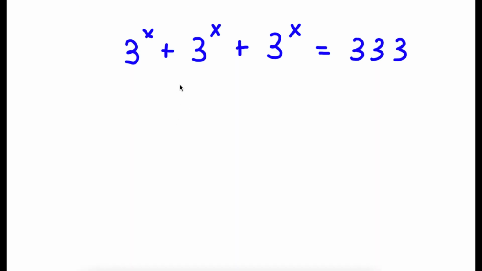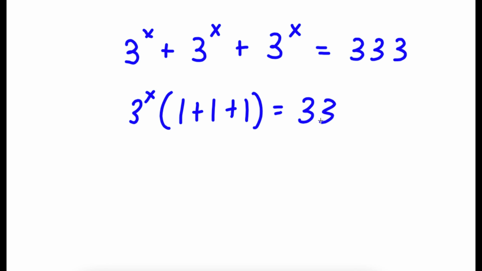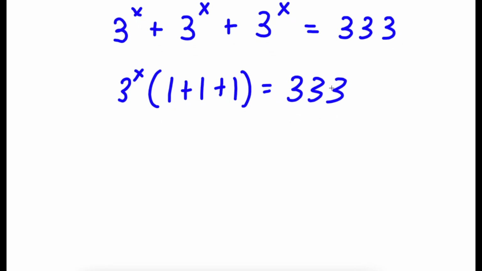Alright, so in this problem, I have 3 to the power of x plus 3 to the power of x plus 3 to the power of x is equal to 333. So to solve this, I'm going to first start by factoring out 3 to the power of x. So I have 3 to the power of x times 1 plus 1 plus 1 is equal to 333. Now 1 plus 1 plus 1 is simply equal to 3.